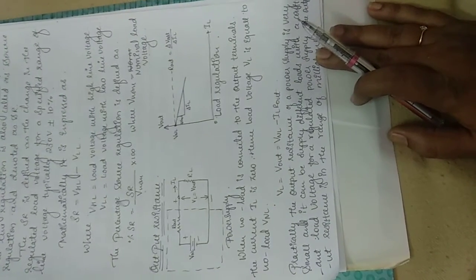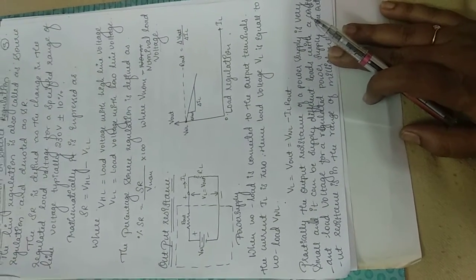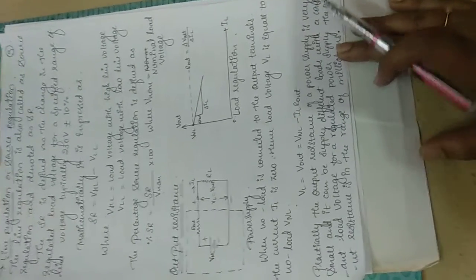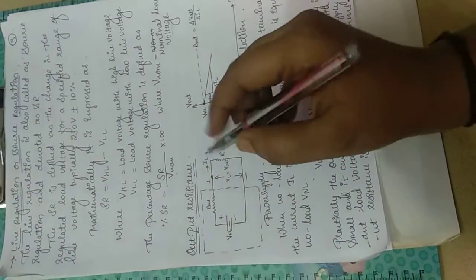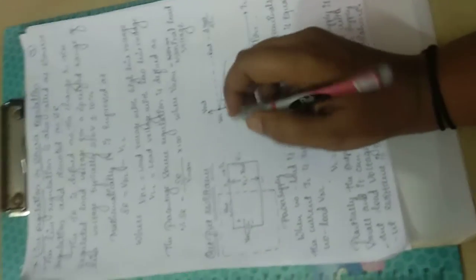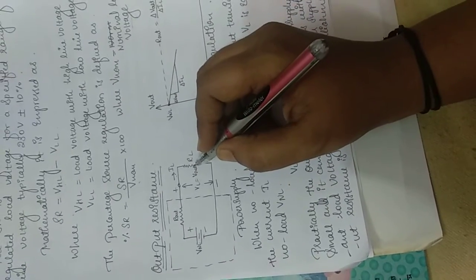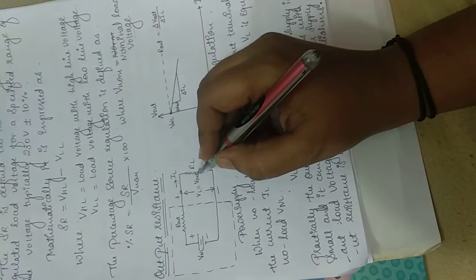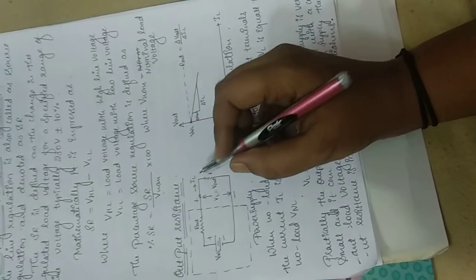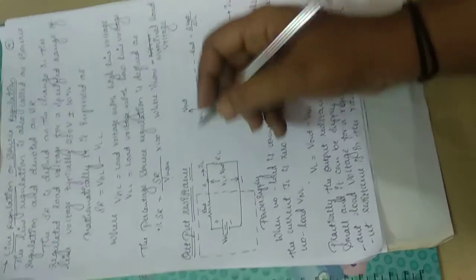Next is output resistance. In output resistance, we'll understand the effect of output resistance on the load voltage. When the load is not connected, IL is 0 and the load voltage is equal to the no load voltage, that is VNL.